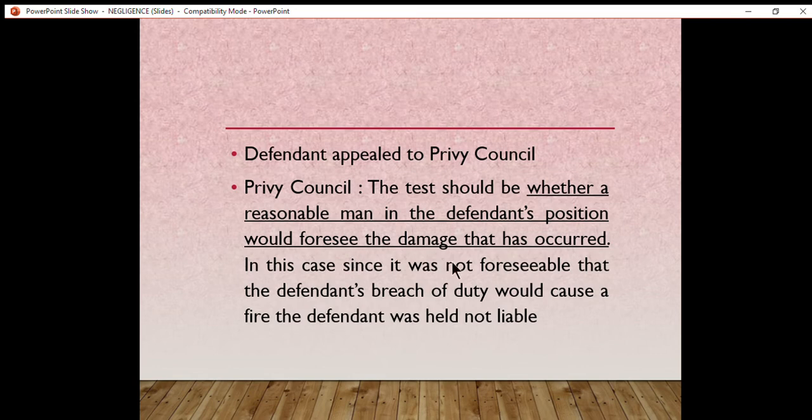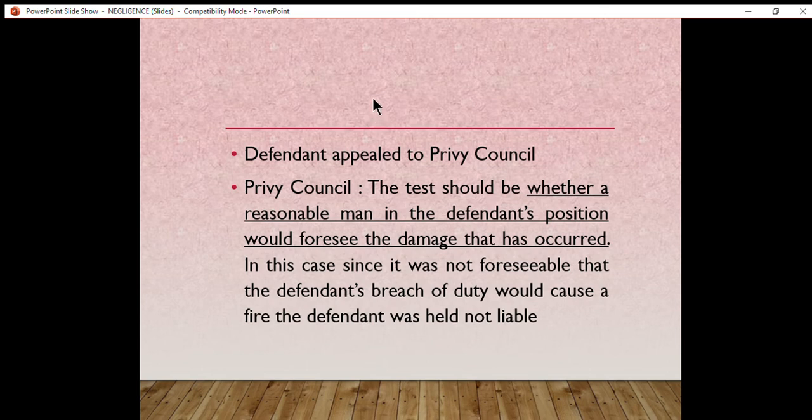In this case, since it was not foreseeable that the defendant's breach of duty would cause a fire, the defendant was held not liable. So the defendant was not liable because the defendant failed to foresee that the damage would happen.